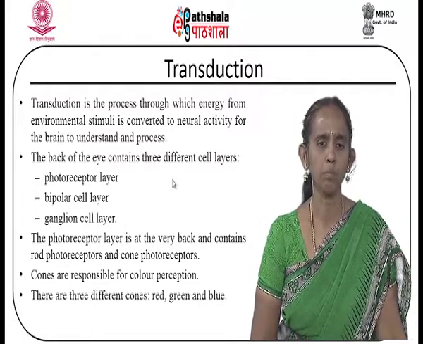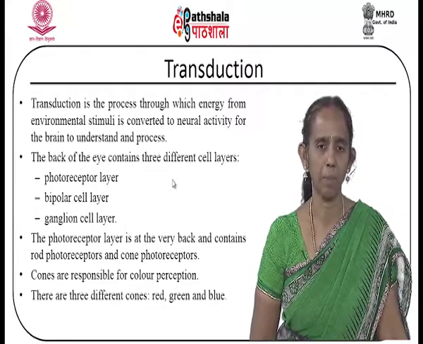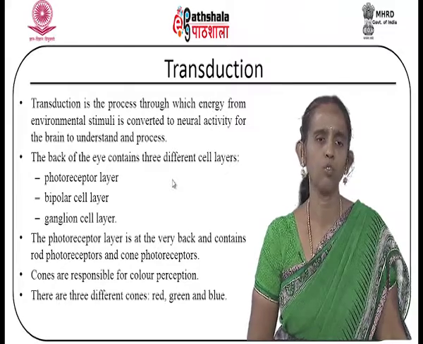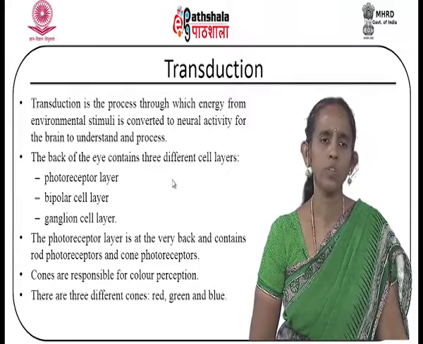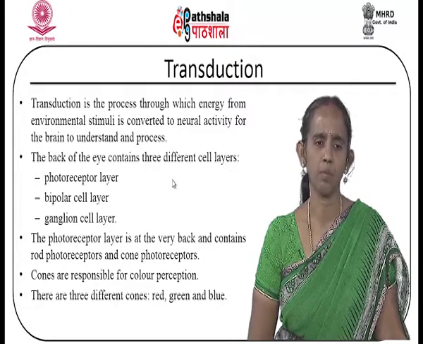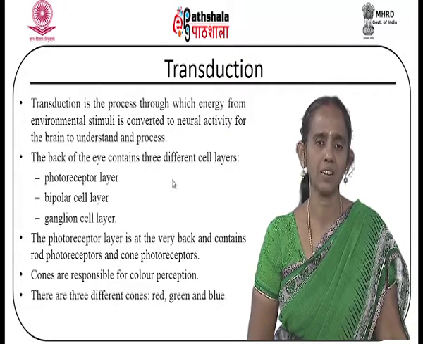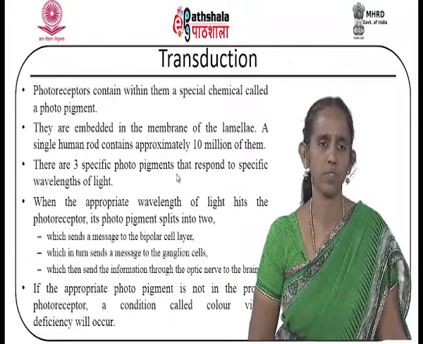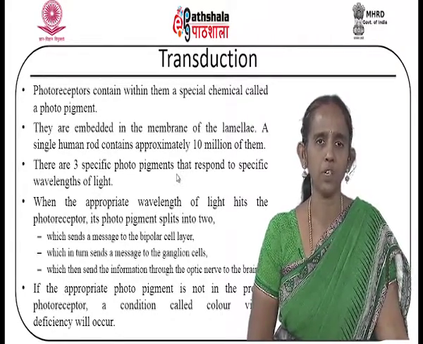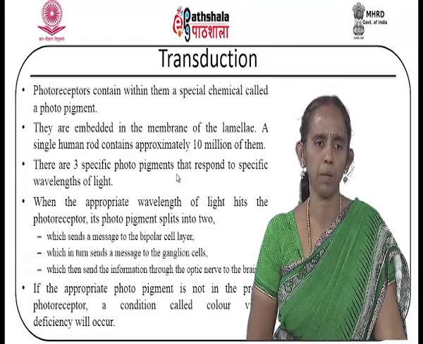The photoreceptor layer is at the very back and contains the rod photoreceptors and the cone photoreceptors. Cones are responsible for color perception, and there are 3 different types of cones, namely red, green and blue types of cones. Photoreceptors also contain within them a special chemical called a photopigment.